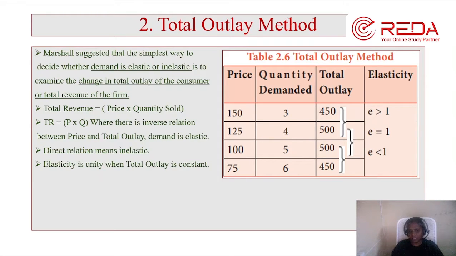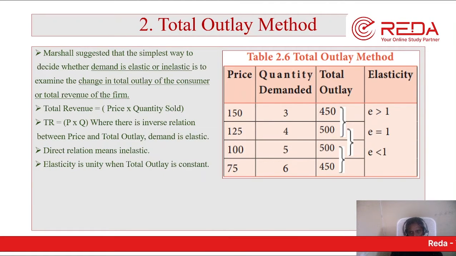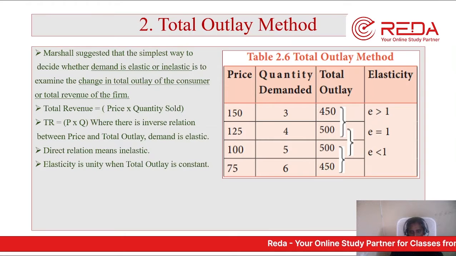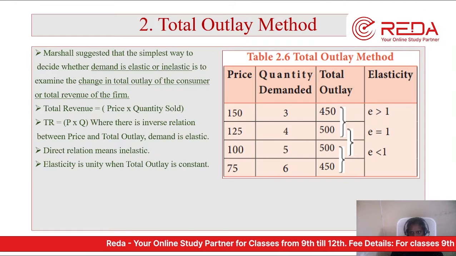The two parties should be there, the seller as well as the buyer; then only can the elasticity of demand be analyzed. Either side of the data should be there. It is a simple method given by Marshall to determine whether the demand is elastic or inelastic.